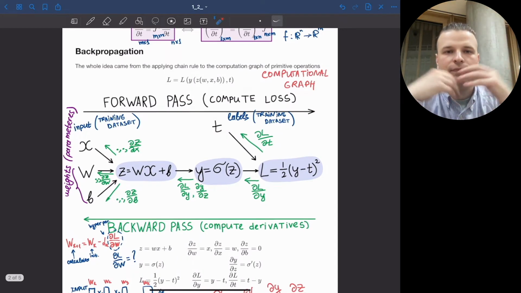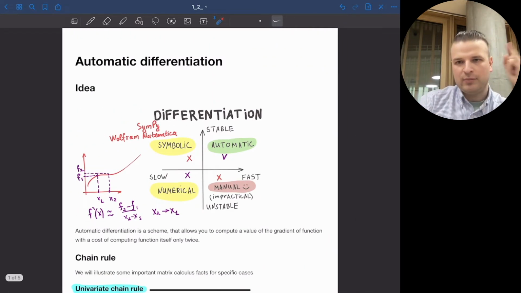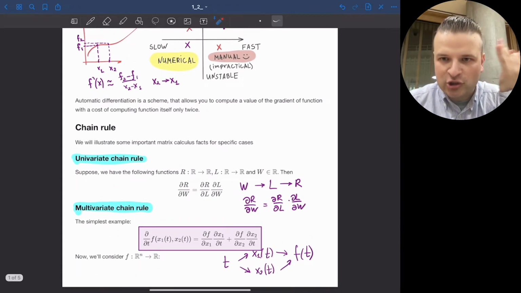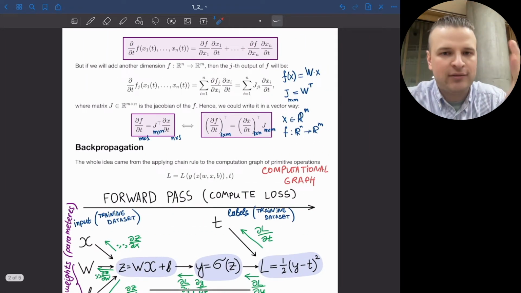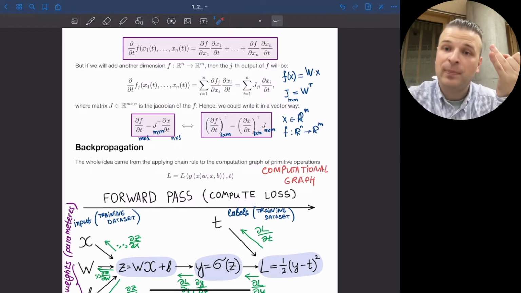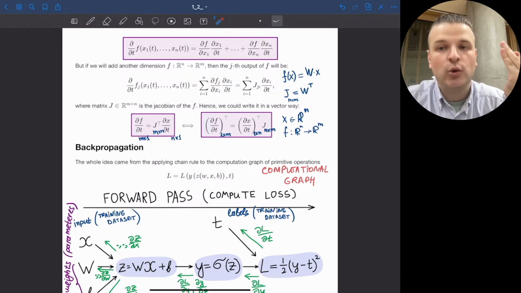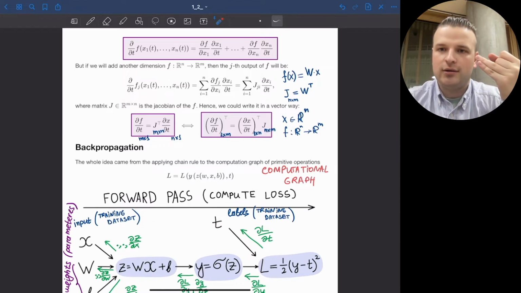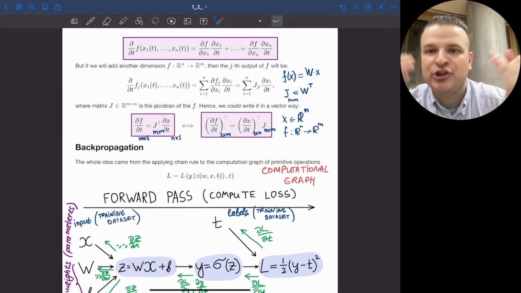Okay, next, first was the computational graph. Second is the multivariate chain rule and Jacobian vector product. And this should be done efficiently without storing the exact Jacobian and multiplying by a general Jacobian.